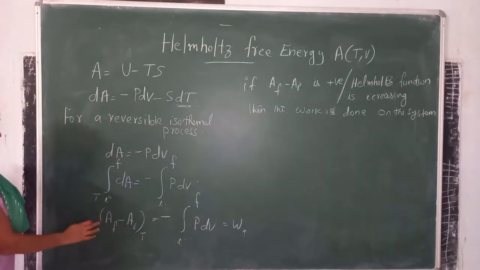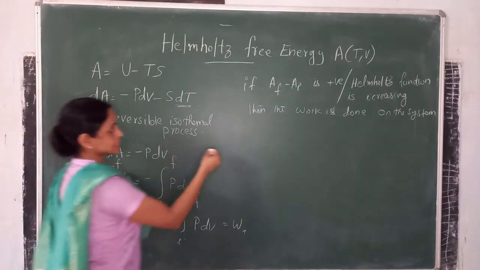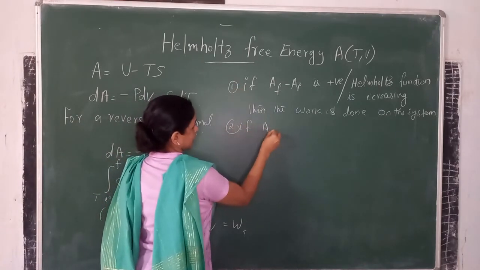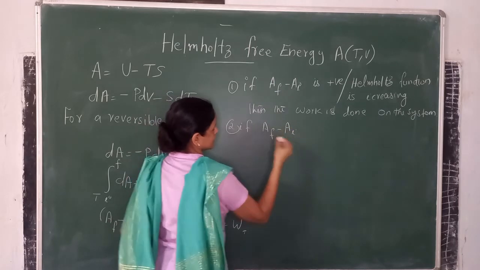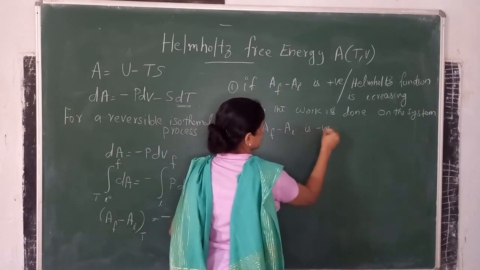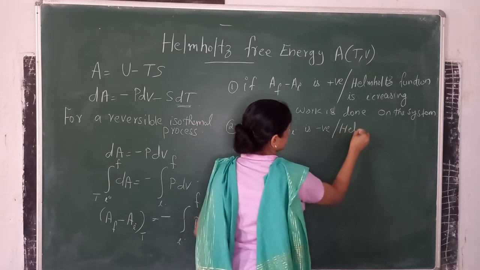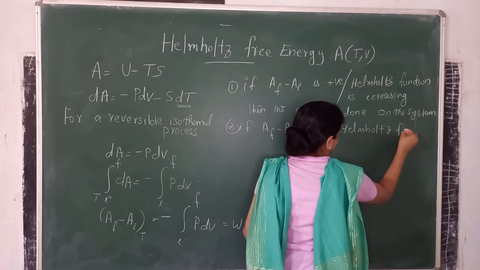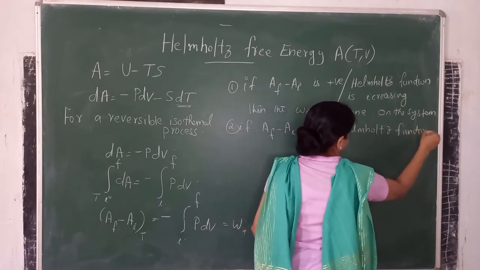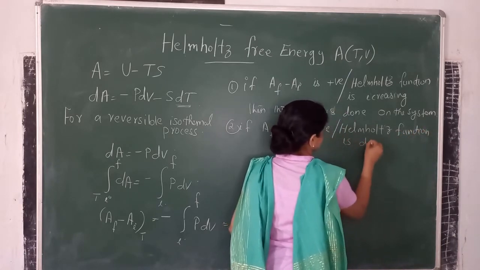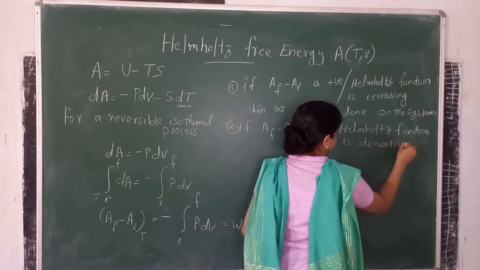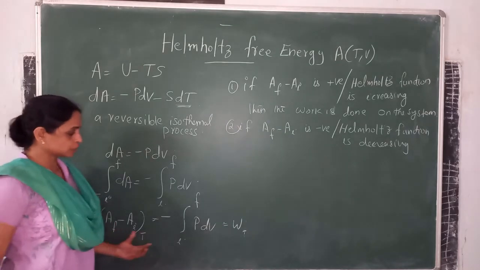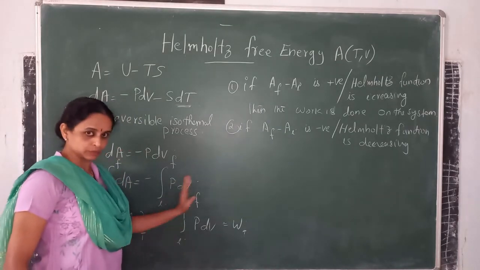If the Helmholtz energy is decreasing, that is AF minus AI is negative, then you get a negative value on this side.